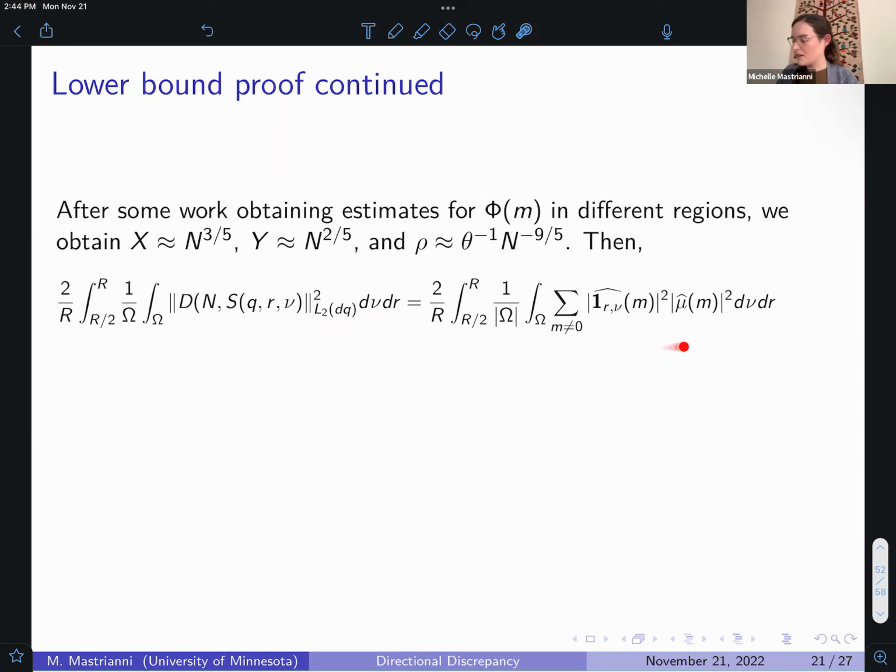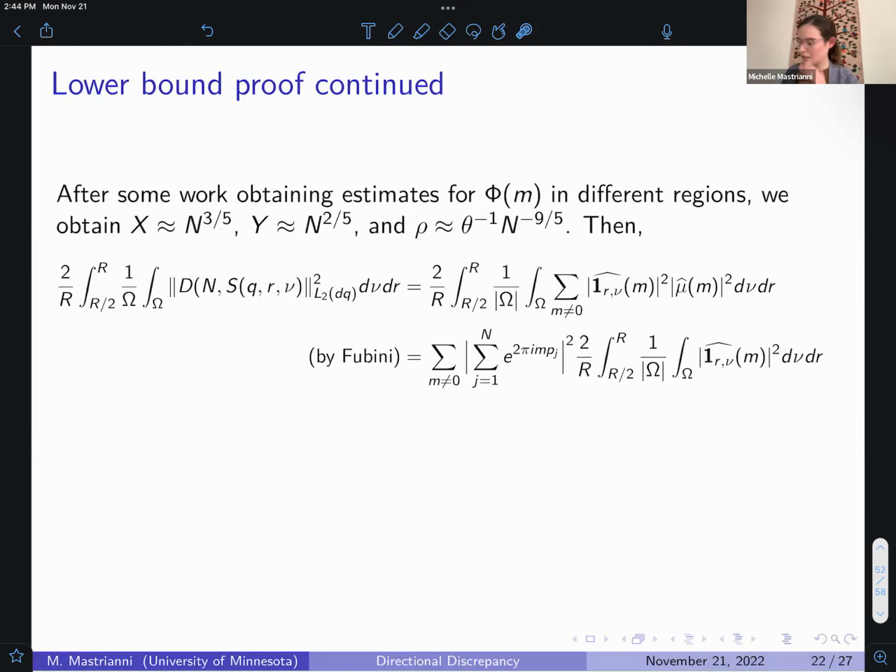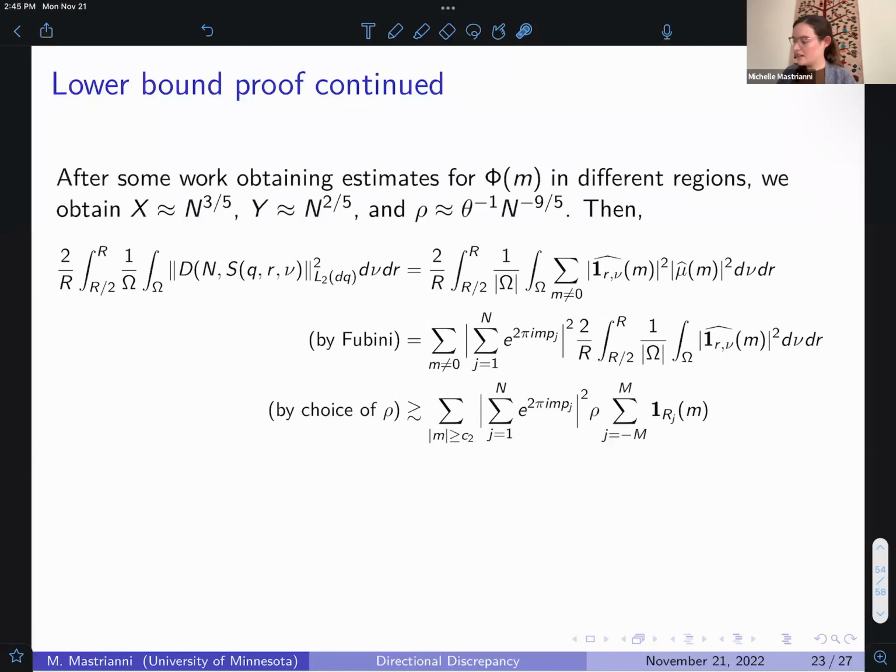Again, we split this up into the shape component and the point component, as I mentioned earlier. This point component is going to be an exponential sum, depending on the points pj in your point set P. And then, as I mentioned, we replace the average of the shape component with this rho times the phi function, which keeps track of the number of rectangles.